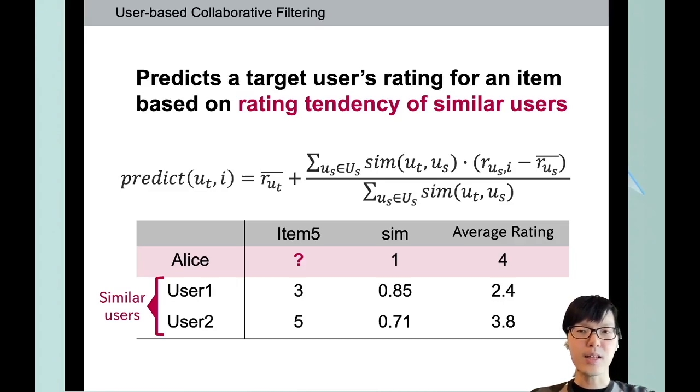This is because these two users are similar to Alice in terms of rating tendency. Once we find the similar users, we can predict Alice's rating score for item 5 by using this formula and similar users' rating scores.